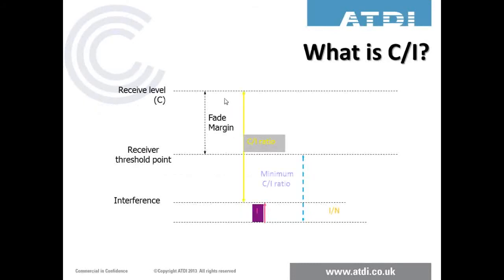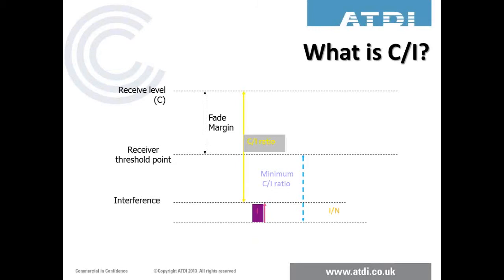Well, first of all, C2I, what is it? As its name suggests, carrier to interference. Now, all radio systems will need to have a certain signal to be able to function, and within certain systems, providing they have a signal greater than the interference or the noise floor, then they are quite happy to perform.